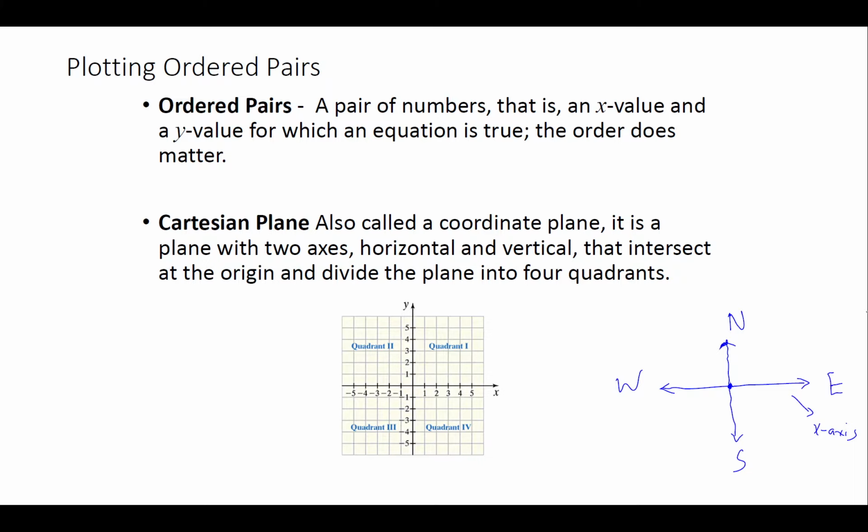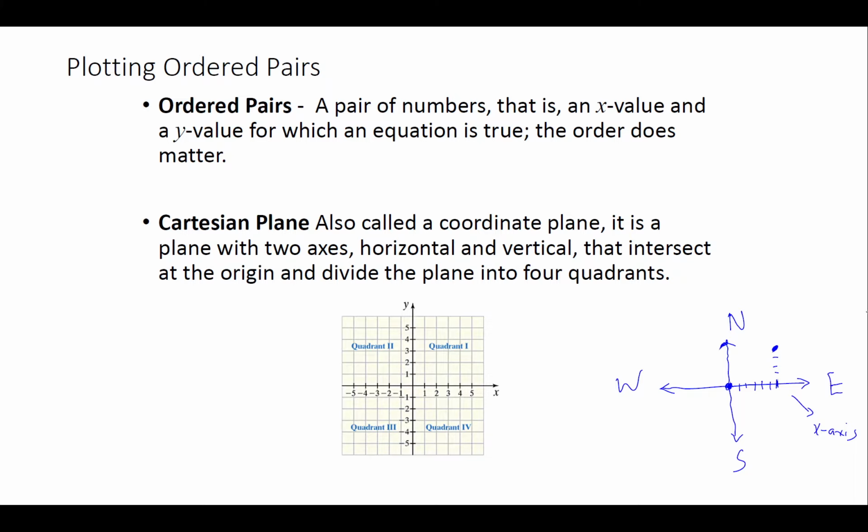So think about this. This is your home address, and here is your school. To go from your home to your school needs 1, 2, 3, 4, 5, 6 units to the east, and 1, 2, 3, 4 units to the north.